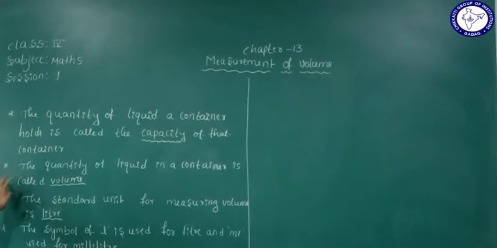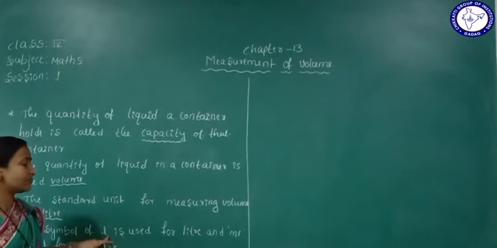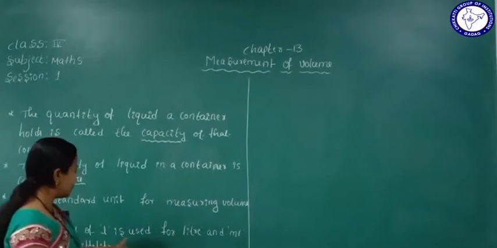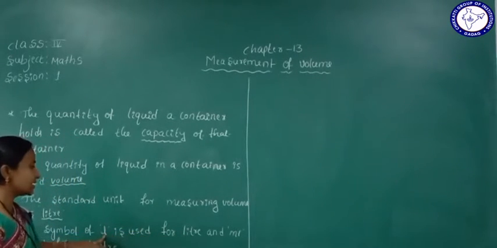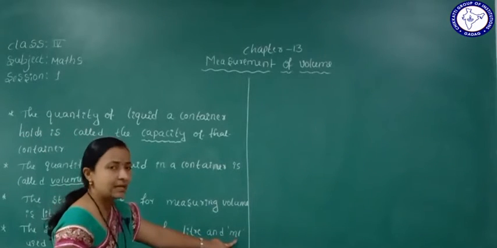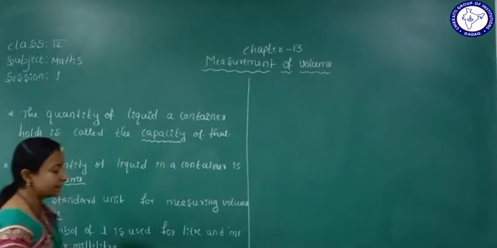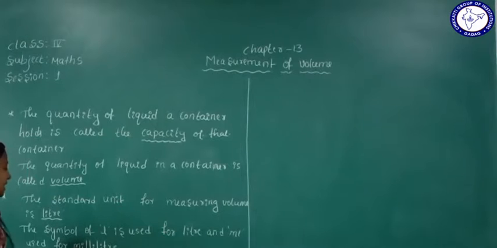Next point, the standard unit for measuring volume. The standard unit for measuring volume is liter. The symbol of liter is L. And ml means milliliter, that is also a symbol. We use milliliter.